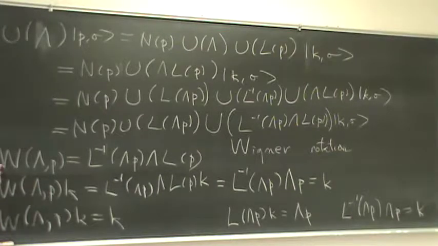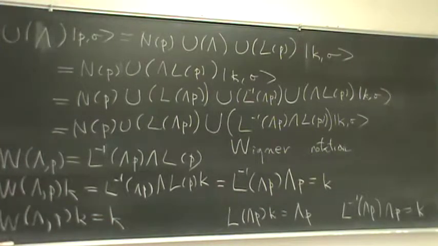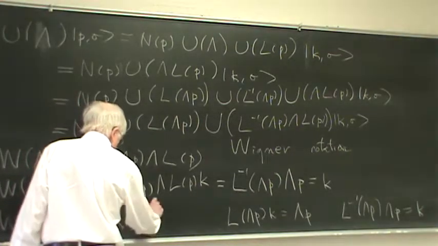By the way, these W's are Lorentz transformations that leave k invariant, consequently they form a group. They form a subgroup of the Lorentz group. And it's called, nicely enough, the little group.